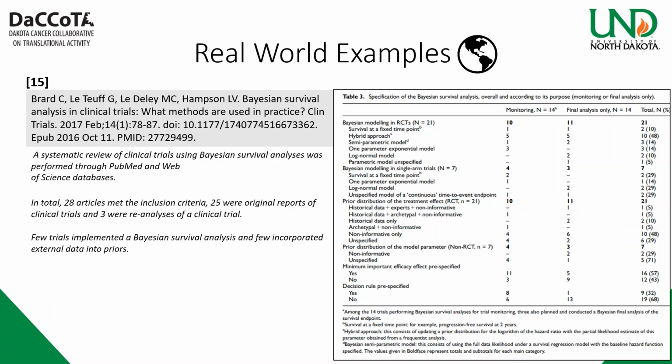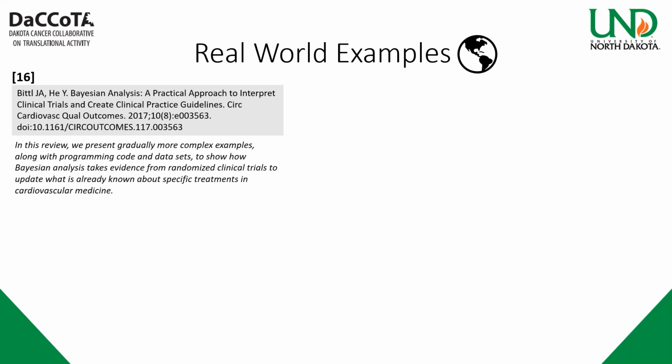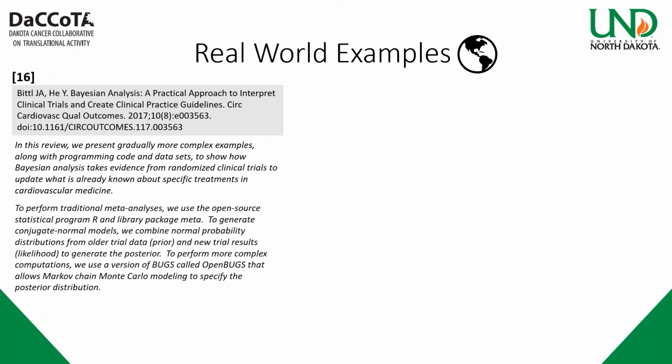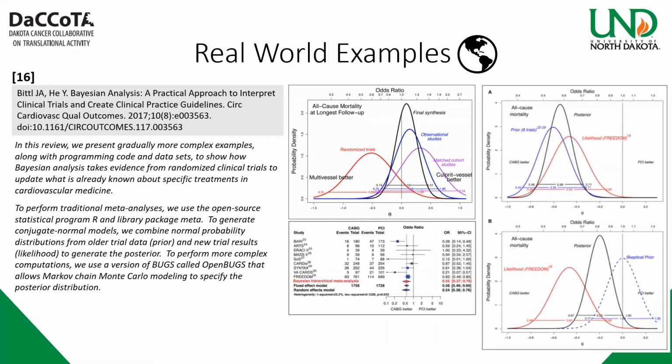So it looks like this is being done in clinical trials, but maybe in a more simplistic manner than could be done. This next one is on clinical trials, so still the biomedical area. It looks at different examples showing Bayesian analysis of randomized clinical trials to update beliefs about specific treatments in cardiovascular medicine. They use meta-analysis, and I really like the images they produced here.